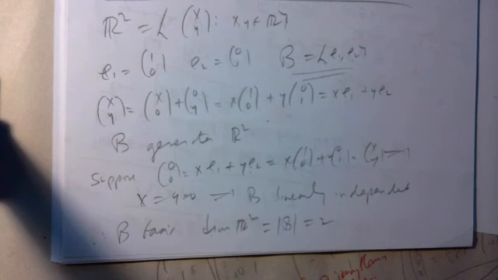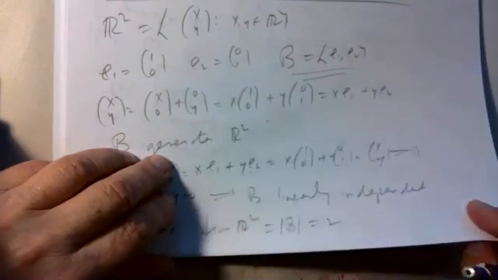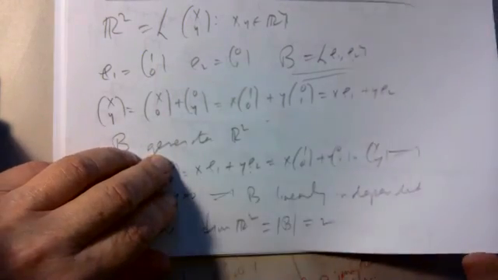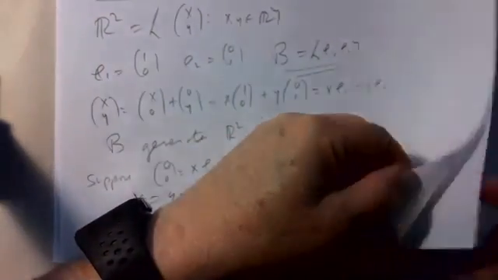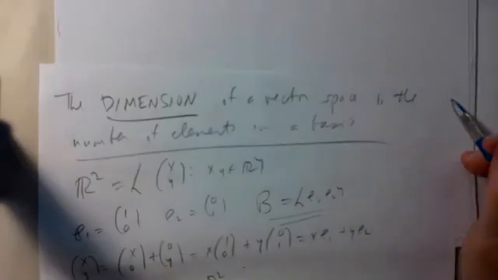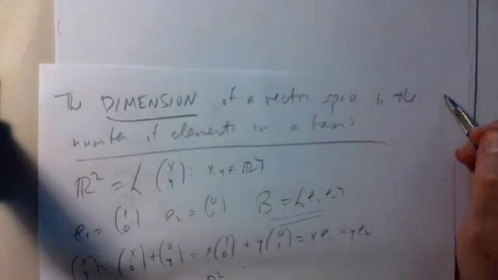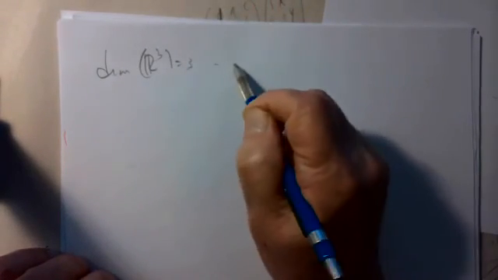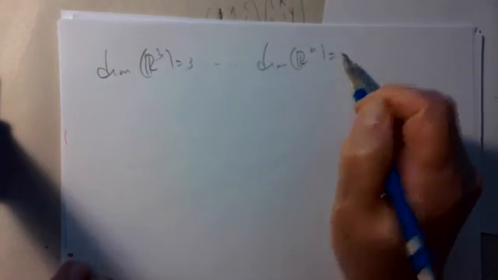So that's pretty good. And by exactly the same reasoning, you can prove that the dimension of R3 is 3, and in general, the dimension of Rn is n.